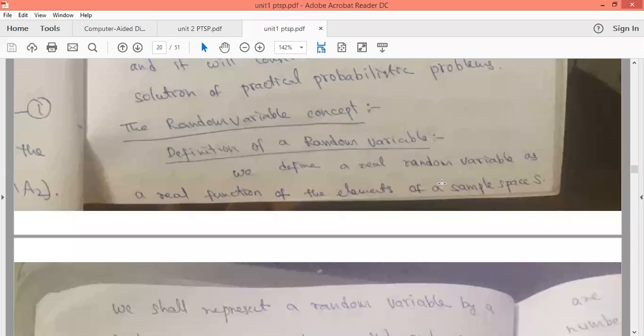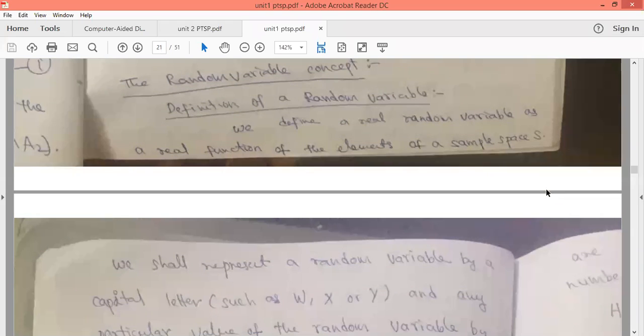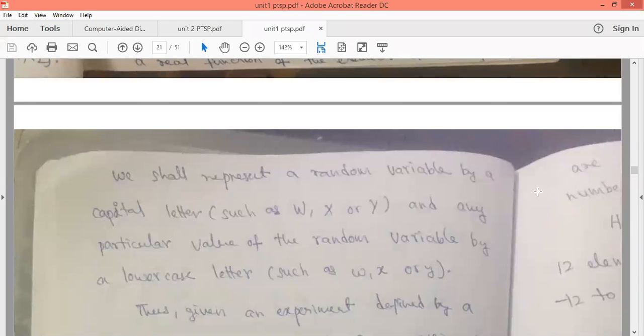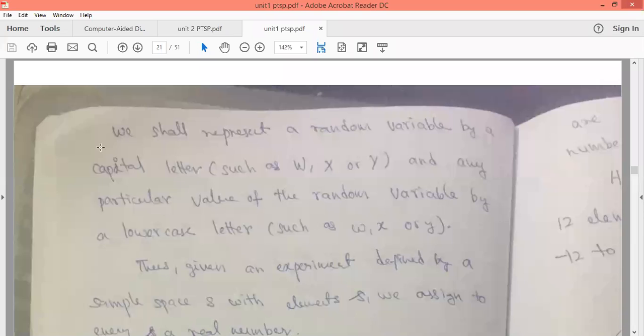Now we define what a random variable is. The random variable is nothing but a real function of the elements of the sample space. Here the random variable we usually denote with capital letters, and the particular values of the random variable we denote with lowercase letters.